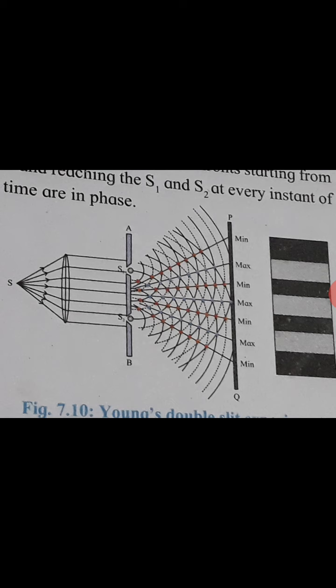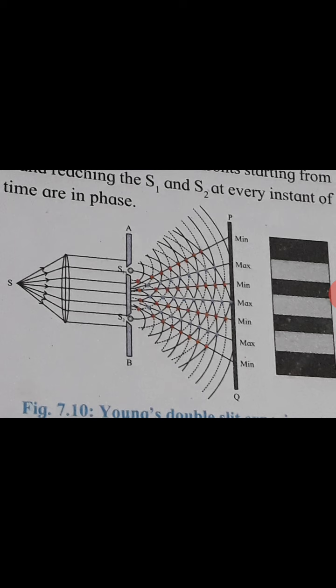See here the diagram, Young's double slit experiment. This is our experimental arrangement. Here you can see one source S, then one convex lens in front of that source. In front of the convex lens there are two slits, S1 and S2, and in front of that PQ is your screen.